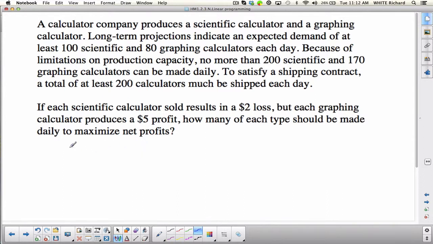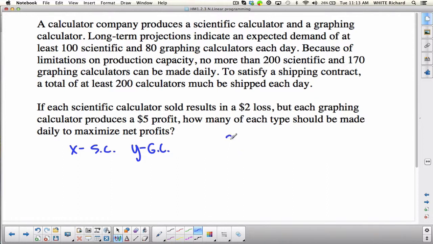So we've got two different calculators, so I'm just going to say X means the scientific calculators, and Y is the graphing calculator. We need at least 80 graphing calculators and no more than 170 graphing calculators.